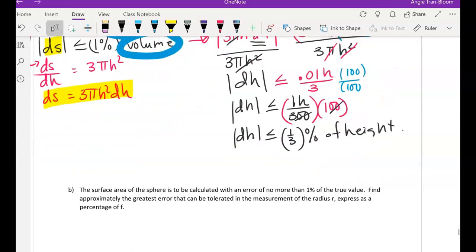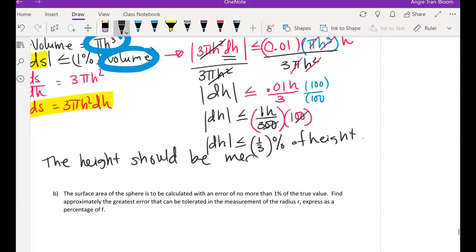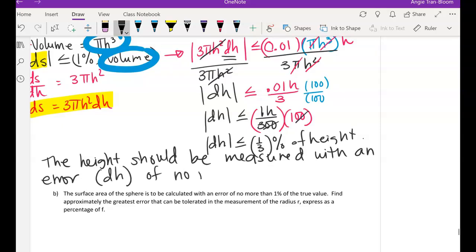So now let's spell that out. We are going to say the height should be measured with an error, which is, remember, dh is the error for height, of no more than 1/3 of a percent.